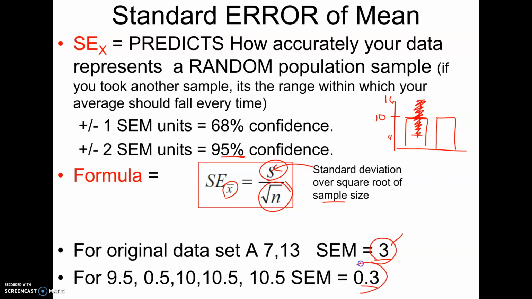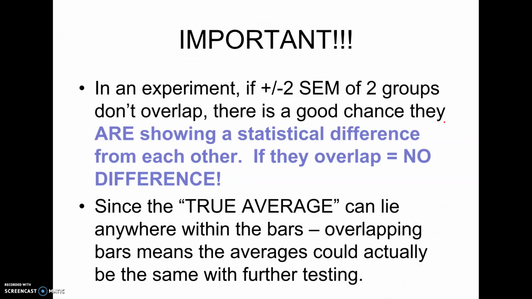But for my second data set, my standard error is only 0.3. So if I graph two standard errors, I multiply that by 2, I'm only going to go up 0.6 and down 0.6. That means I'm 95% confident if I repeat my experiment, my average should fall within these bars. So it's giving me a confidence level of how certain I am my average falls within that range. The smaller those bars are, the better.